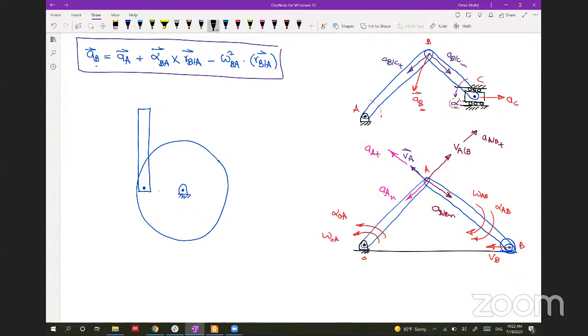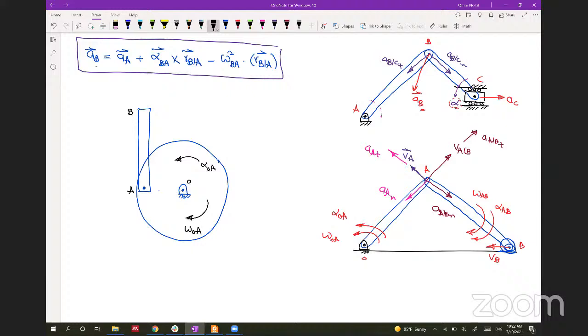Let's assume this is point A, the point here is B, and this is point O, and this disk is rotating with omega OA, and has an alpha in the opposite direction, so this is alpha OA.